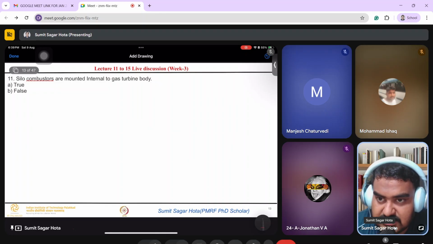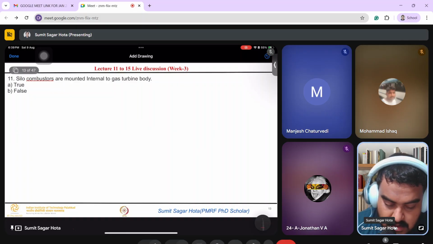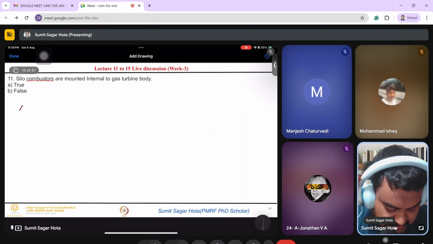The silo combustors are mounted internal to the gas turbine body. This is actually a false statement. It's actually mounted external to the gas turbine body.